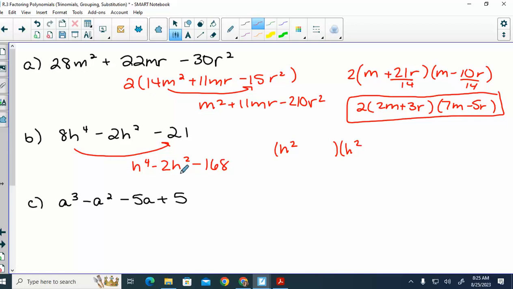Alright, multiply -168 and add to -2. -14, +12. Divide by 8. So 14 over 8 would be 7 over 4, so 4h² minus 7. 12 over 8 is 3 over 2, so 2h² plus 3.